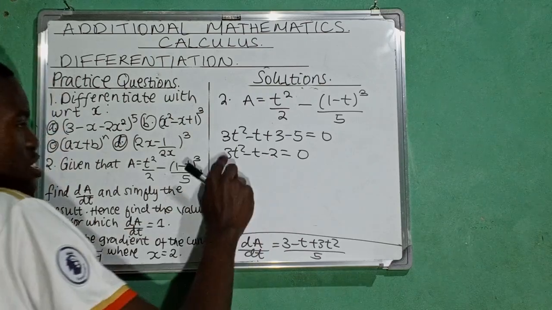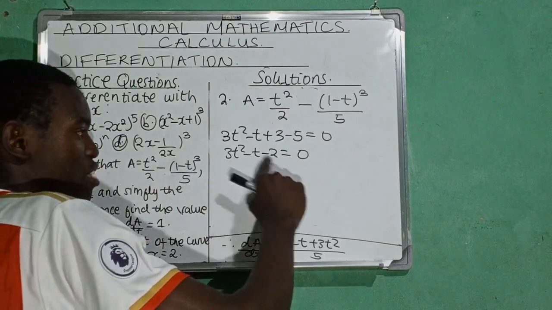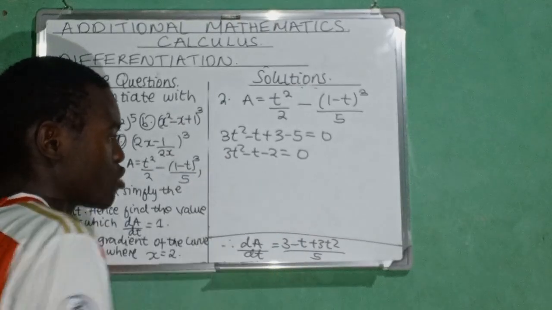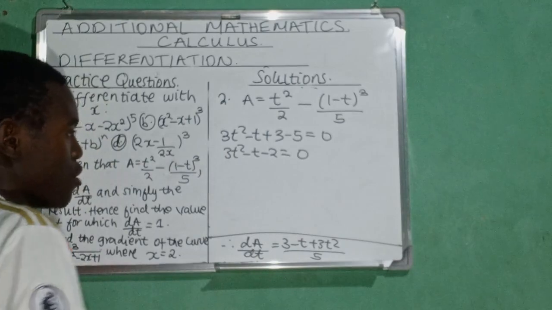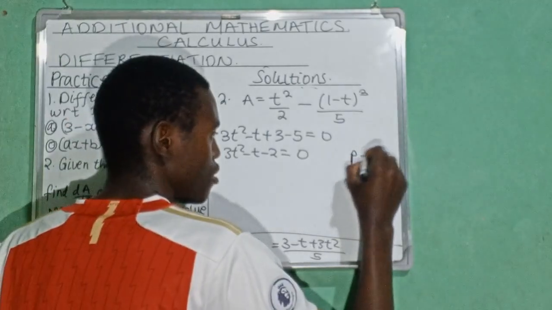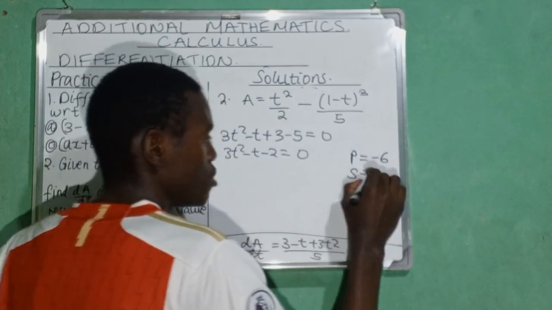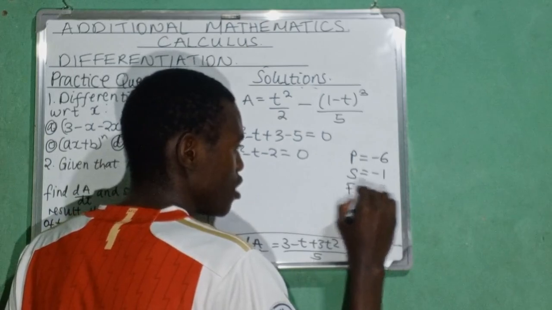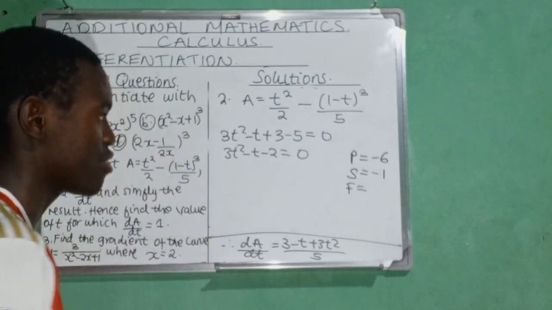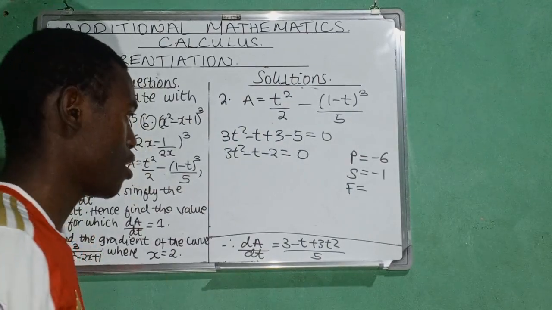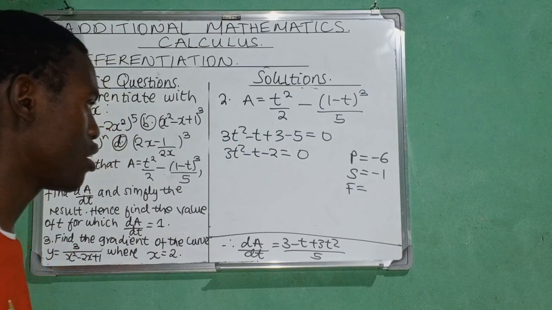So the product is this 3 multiplied by -2, which gives you -6. The sum is equal to the number in the middle, -1. Which two numbers should you multiply such that they give you -6, but when you add them, they give you -1?